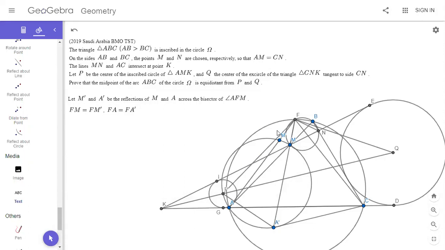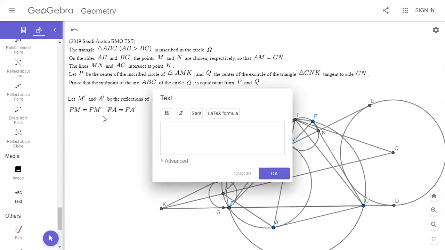And then F is the midpoint of arc ABC, so FA equals FC.